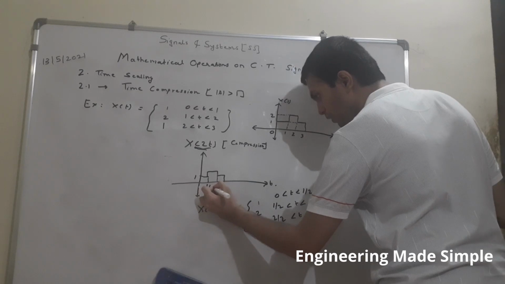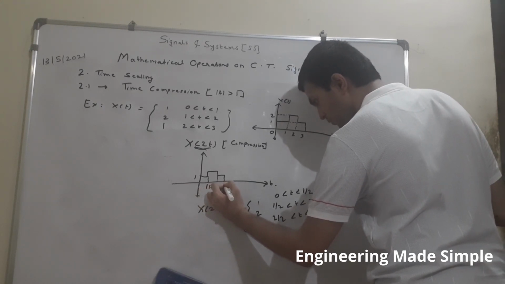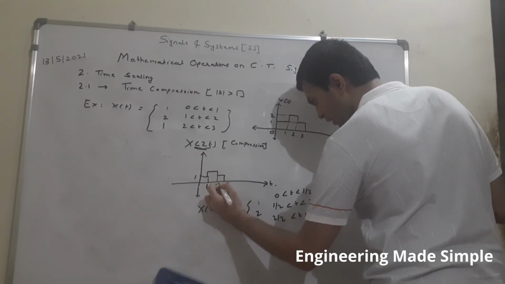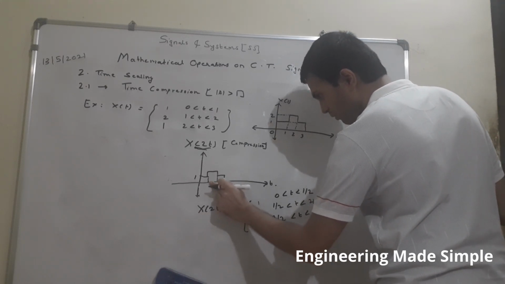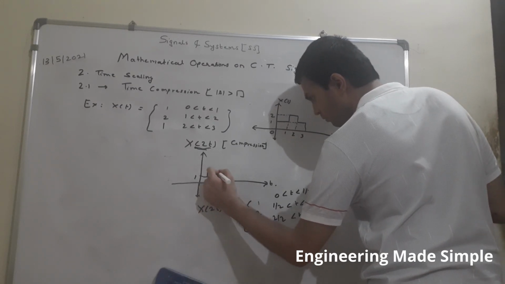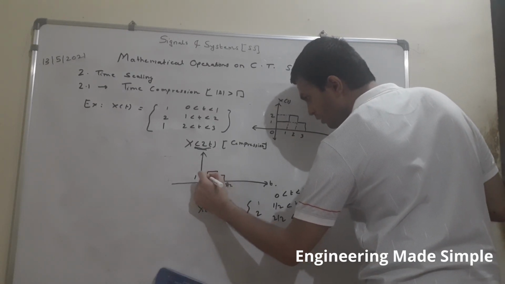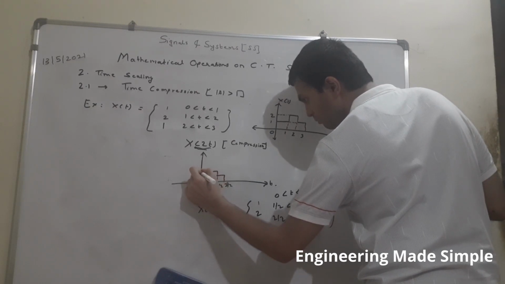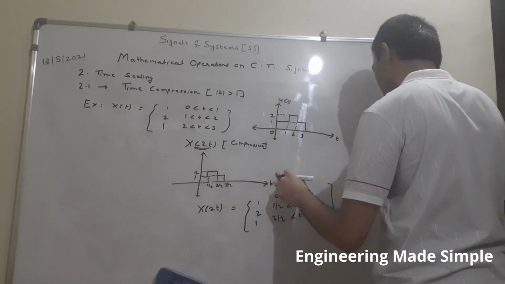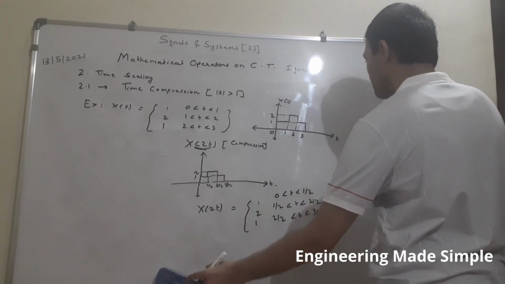Here it is 1 by 2, here it is 2 by 2, that is essentially 1, and then 3 by 2 is nothing but 1.5. Let us keep it as it is for simplicity of understanding. So this is 1 by 2, this is 2 by 2, and this interval is 3 by 2. The amplitude values remain as they are, 1 and 2. So this is nothing but the time compressed version of the signal.